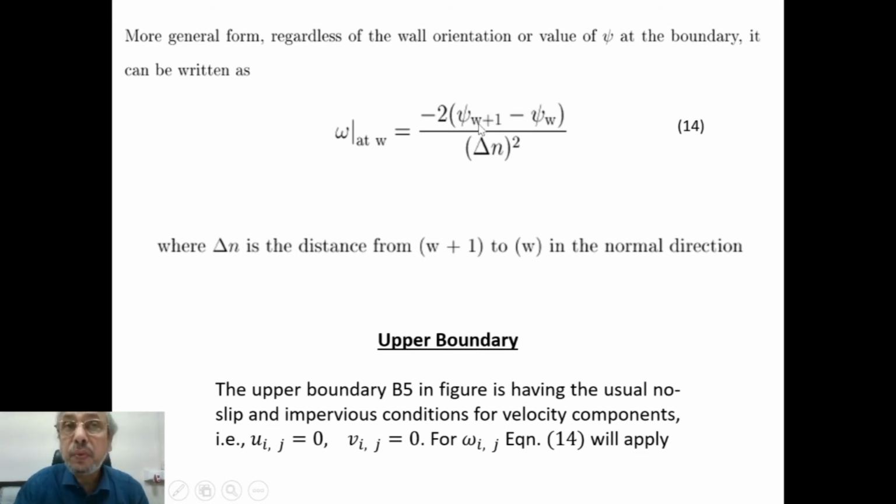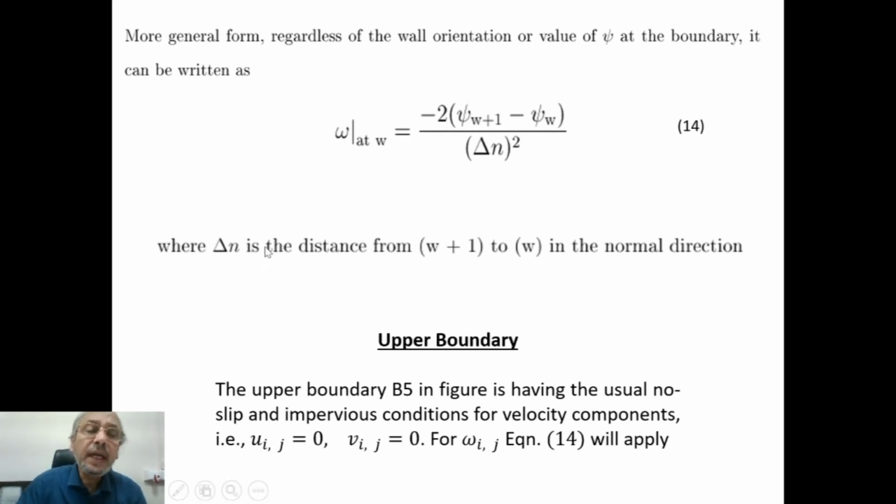That means if the wall point is considered as the no slip boundary, psi(w+1) minus psi(w) by delta n square, where n is the normal distance from the point on the wall and the immediate neighboring point.